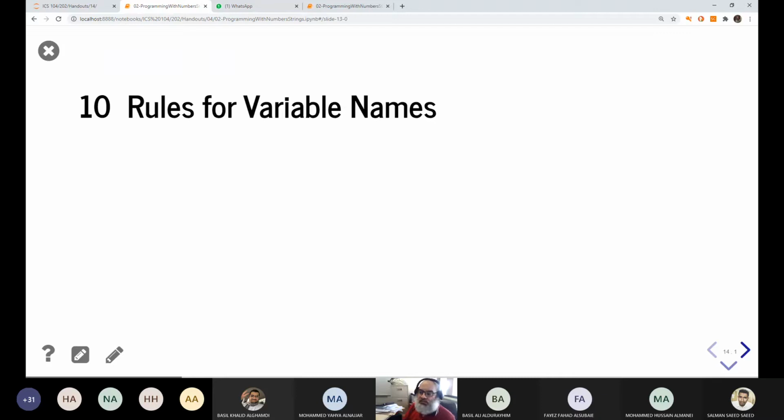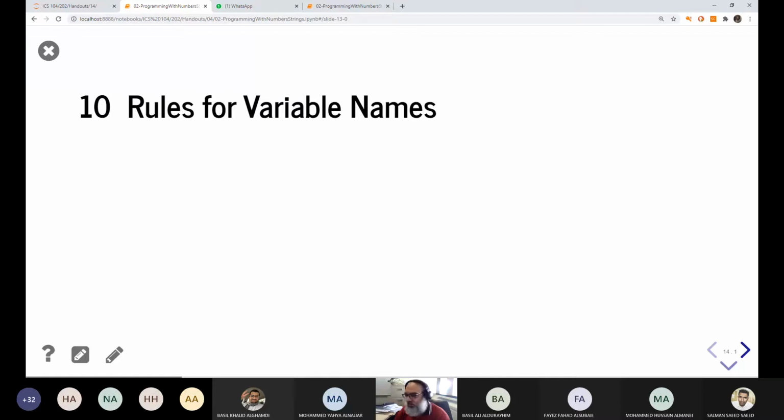And we mentioned that the value determines the type of the variable. And we looked at the assignment statement and how it works. So what we will start doing today is to look at the rules for defining variables.